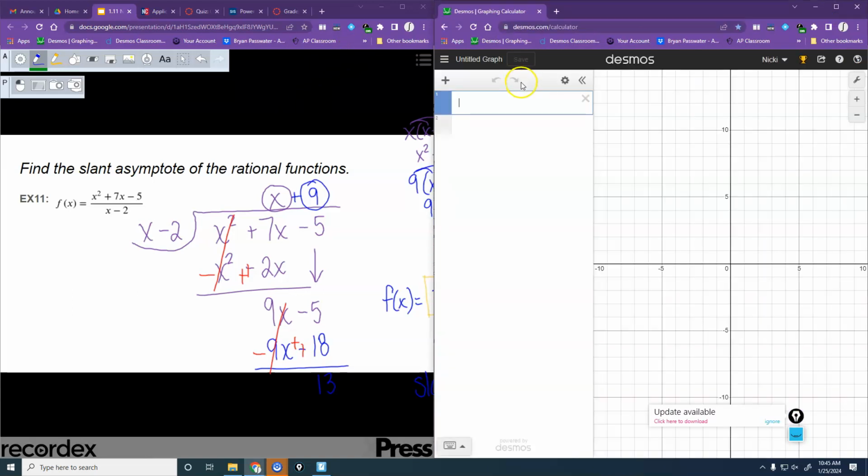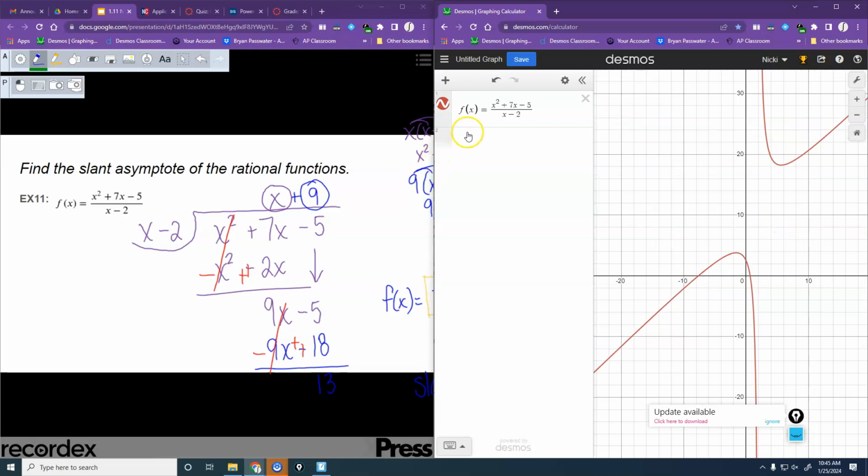So my original graph was f of x equals x squared plus 7x minus 5 over x minus 2, and zoom out a little bit there. If I graph the second one that I got, x plus 9 plus 13 over x minus 2, notice it's the exact same graph. That lets me know I did it correctly.